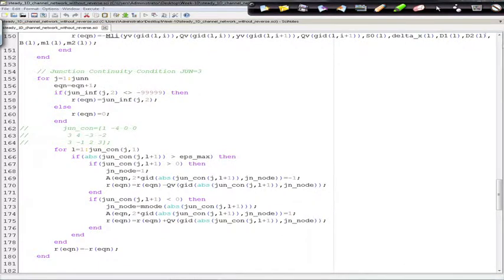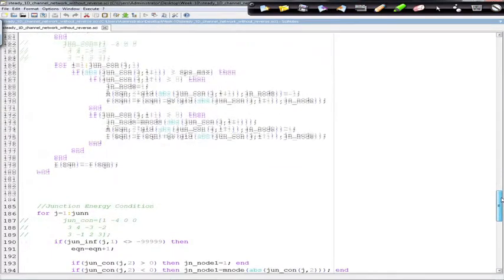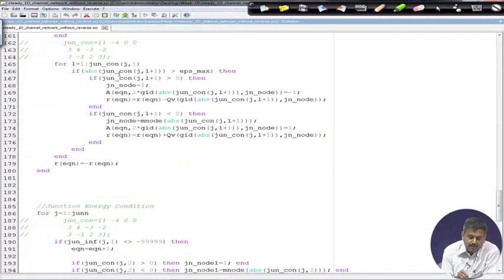So, next part is starting from L equals 1 to junction continuity J1. The first column provides us information about the number of channel sections connected to a particular junction.